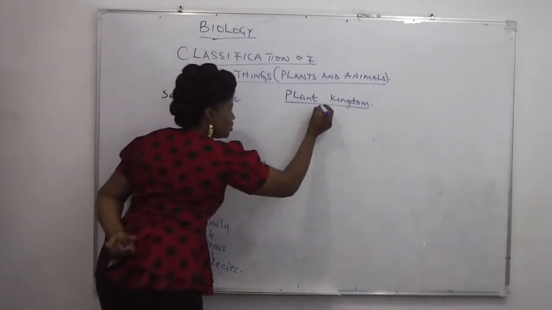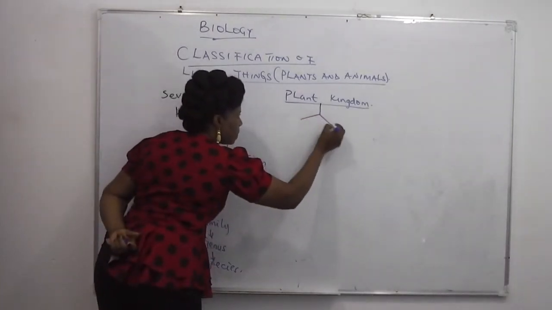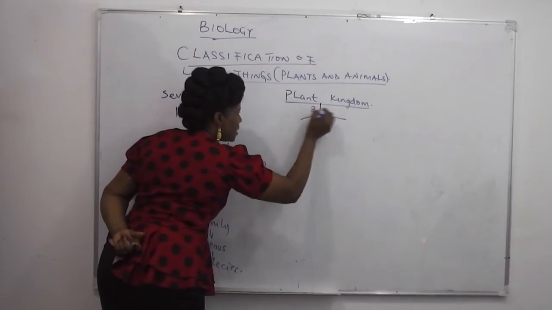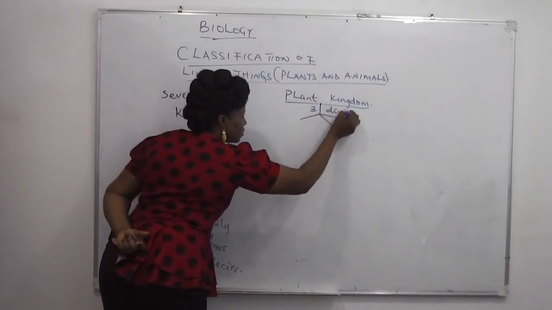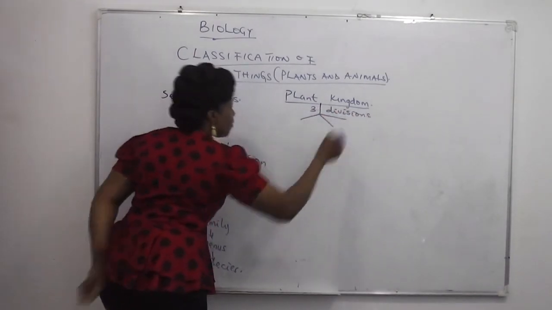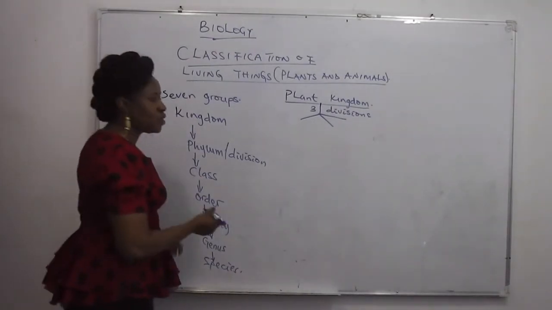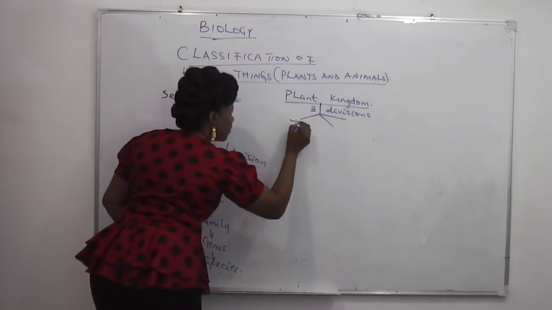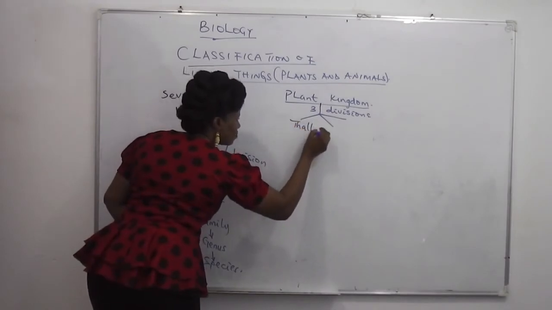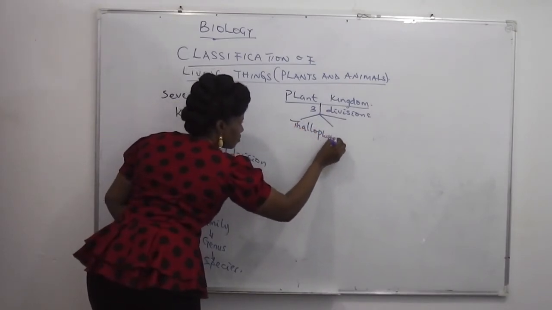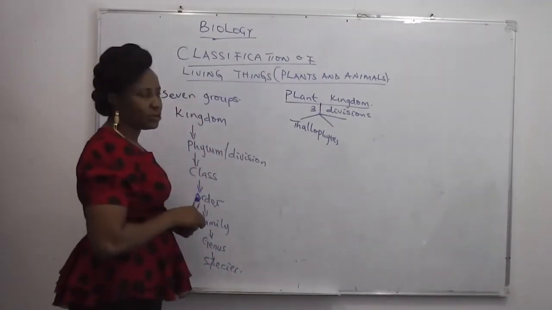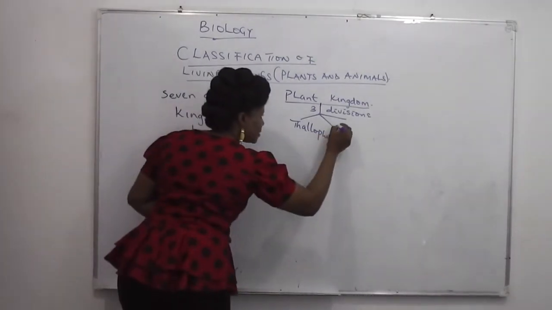These are the 3 divisions involved in the classification of the plant kingdom. The first one, we have the Thallophytes. The second division, we have the Bryophytes.